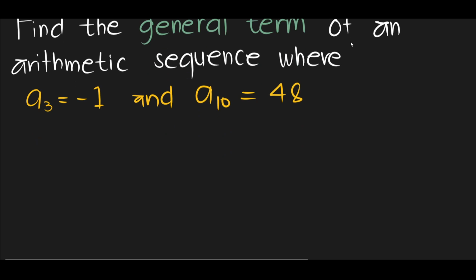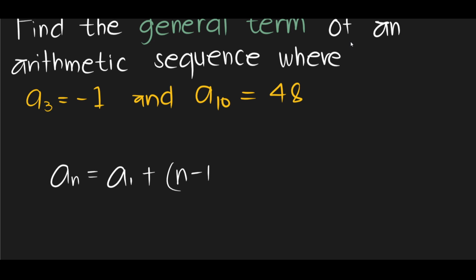We can start by recalling that the nth term of an arithmetic sequence can be found using the formula an is equal to a1 plus (n minus 1) times d, where d is the common difference between two terms, or the constant term that we add to the previous term in order to get the next term, and a1 here is our first term.